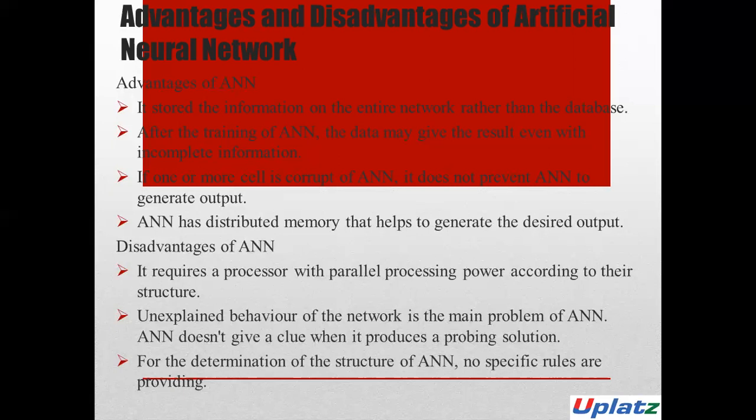For the determination of the structure of ANN, no specific rules are provided. There is no information about the duration of the network. Then the final one, it's too difficult to show the problem to the network. So these are the drawbacks of ANN. You need to remember the advantages of ANN.